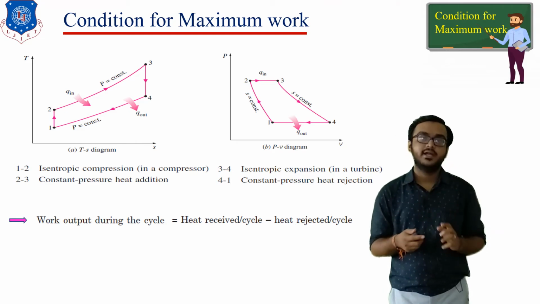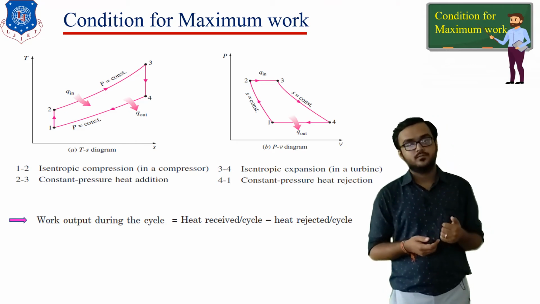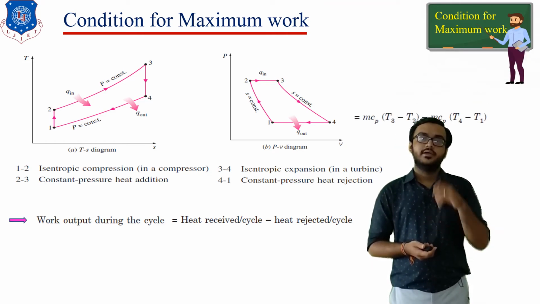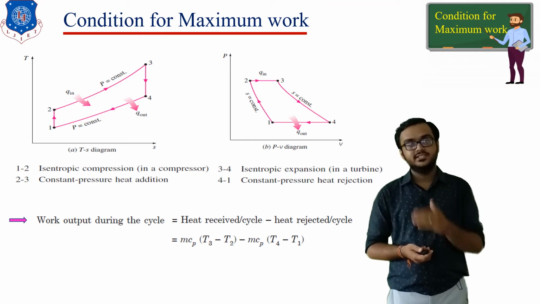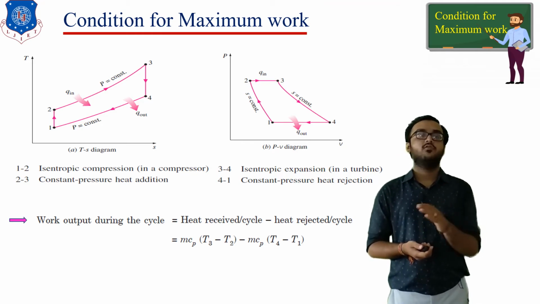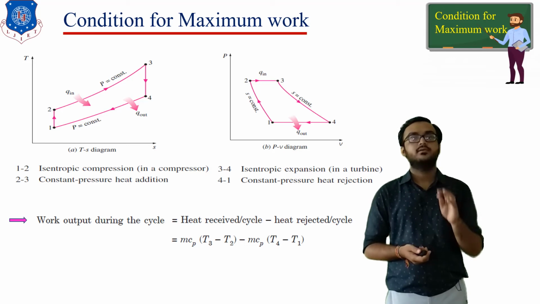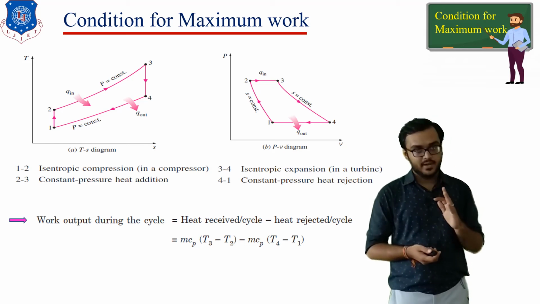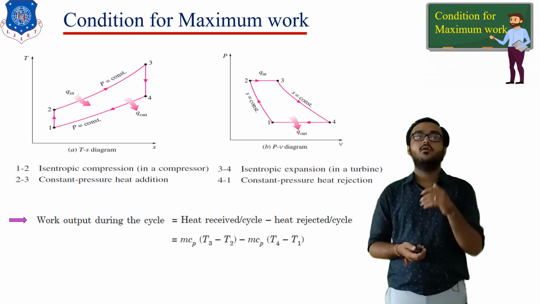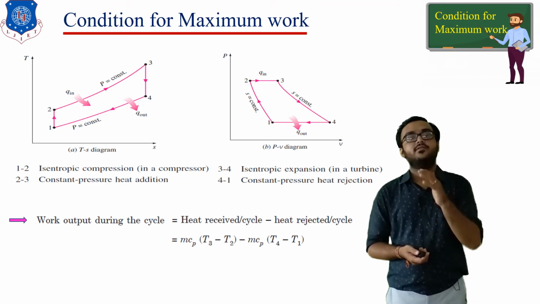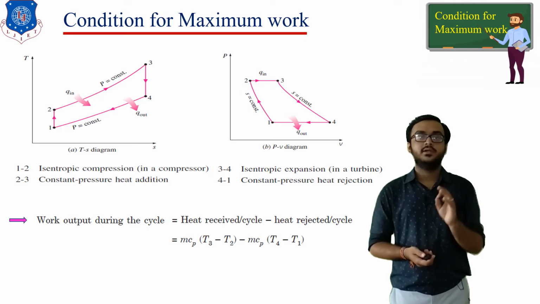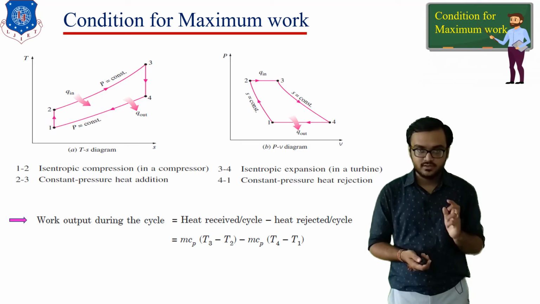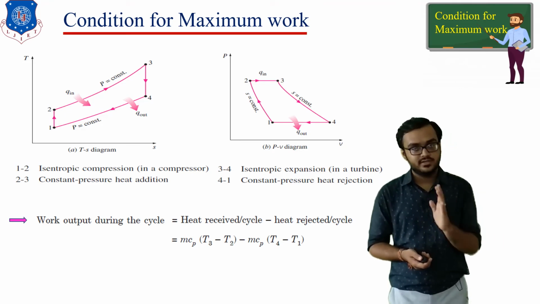So net heat supply in the combustion chamber is MCP (T3 minus T2), while heat rejected in the heat exchanger is equal to MCP (T4 minus T1), where T4 is the temperature of gas after leaving the turbine, or you can say the temperature of gas at the entry of the heat exchanger, while T1 indicates the temperature of gas at the entry of the compressor or the temperature after the heat exchanger.